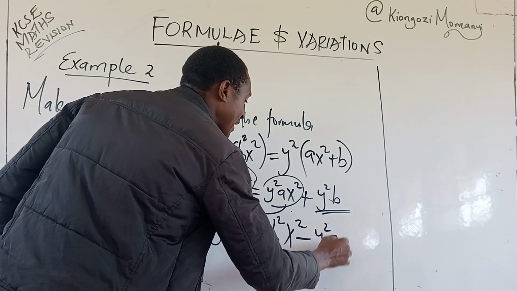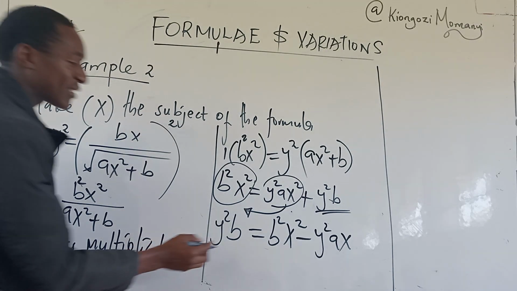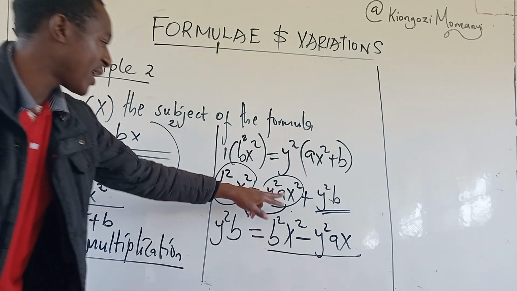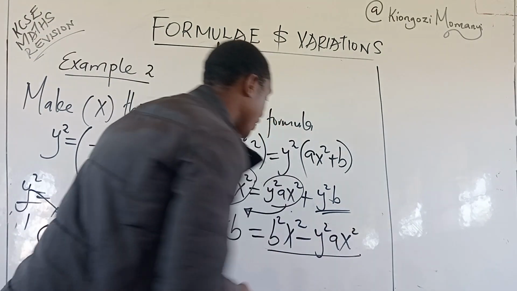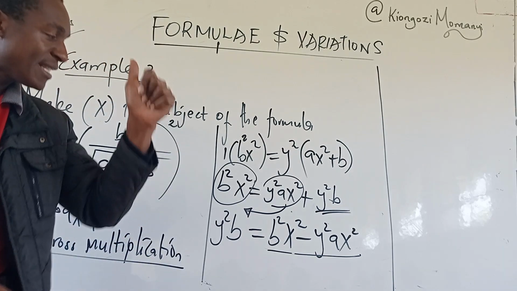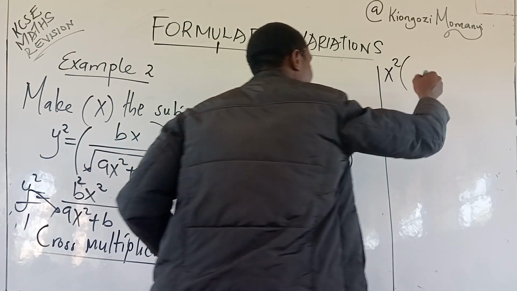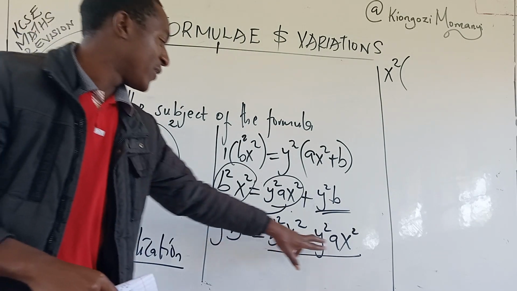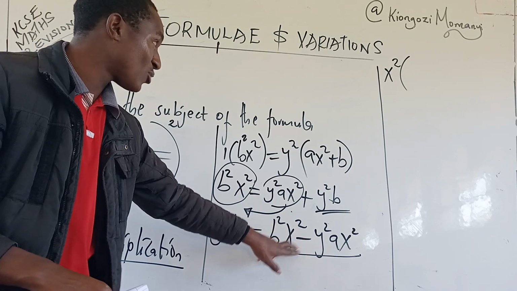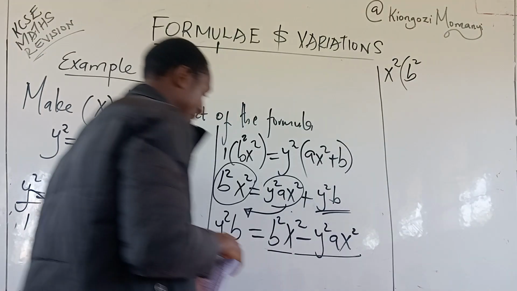y squared ax squared. So at this point, you can factorize x squared here. Very good. Factorizing it means you put it outside the bracket, x squared, and then you look at how these other values remain. On this other side, b squared x squared divided by x squared, b squared remains.